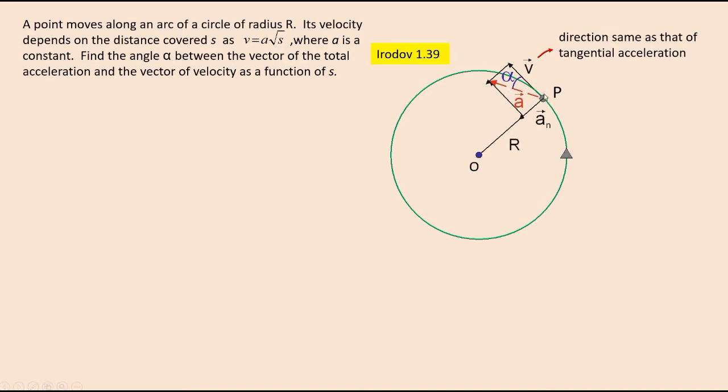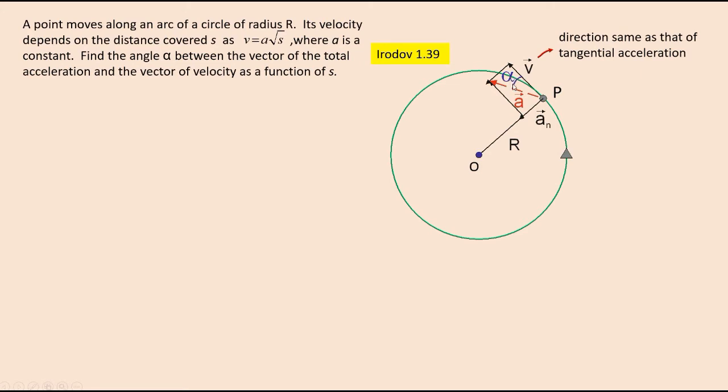One thing you have to remember, the direction of tangential acceleration will be in the same direction as the velocity at any instant of time. Tangential velocity in this direction means tangential acceleration also will be in that direction, at a particular instant being considered. So you see, the direction of the v vector is the same as that of tangential acceleration.